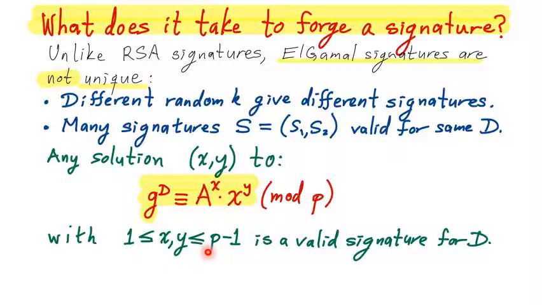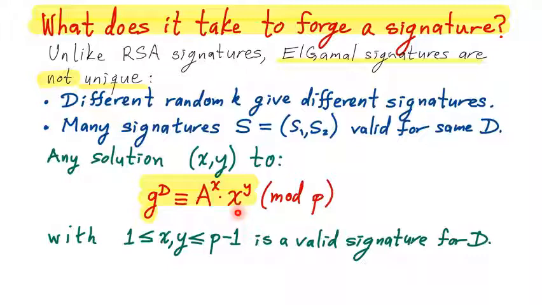So forging signatures for ElGamal amounts to finding solutions x, y to this weird congruence. And it's particularly weird because x is both an exponent and a base. And that's why this weird non-algebraic play between considering the same integer x as something modulo p minus 1 when it plays as an exponent, and as something modulo p when it's on the base, is just weird.